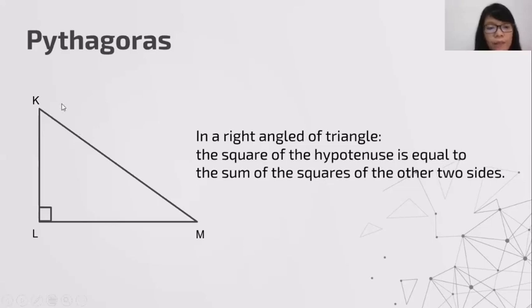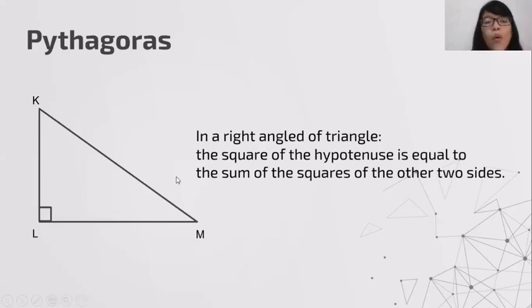This one? The square of the hypotenuse is equal to the sum of the squares of the other two sides. I repeat it once again, the square of the hypotenuse is equal to the sum of the squares of the other two sides.